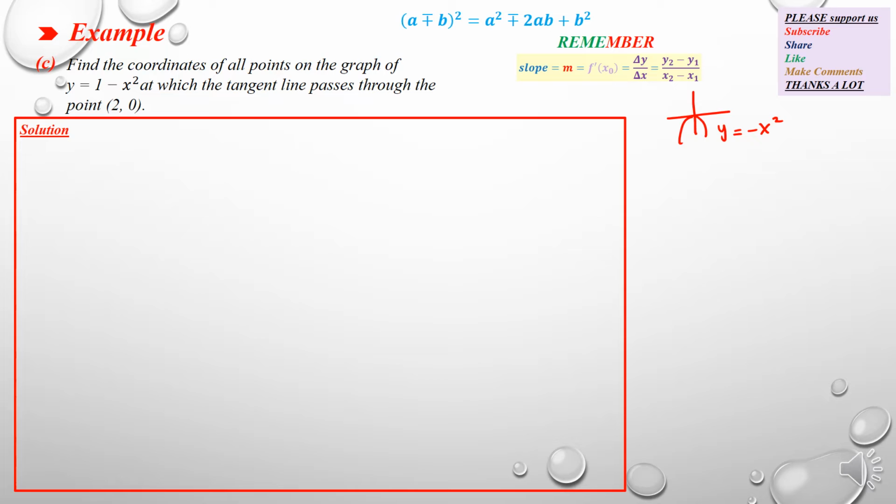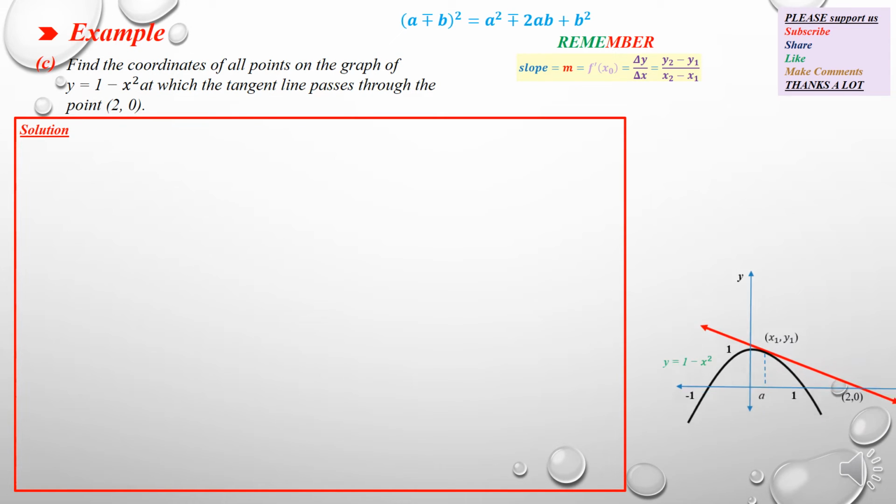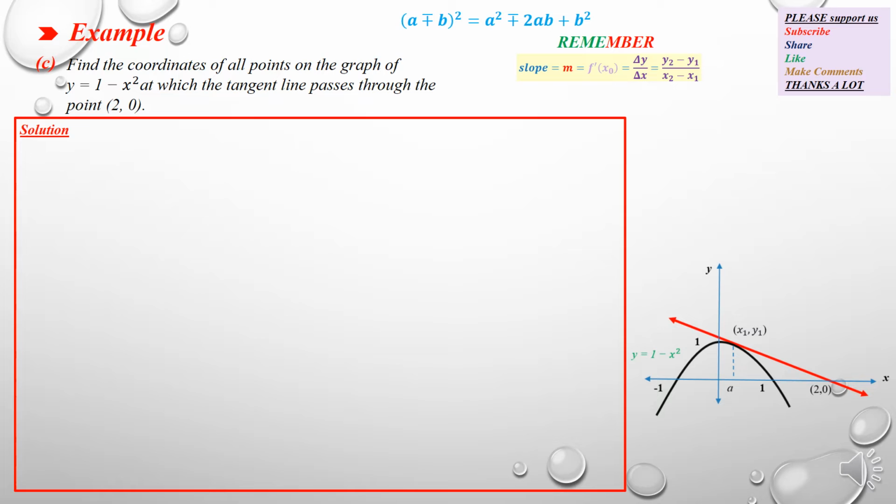But when we talk about 1 minus x squared, this means you have to shift this up. So the graph will be like this. As you will see, this is the graph of our function. This is the graph of y equals 1 minus x squared.